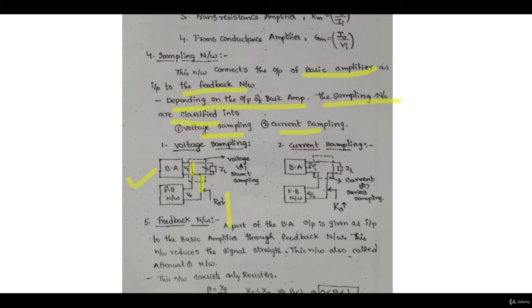Similarly, we have current sampling. Current sampling will have this kind of arrangement. You can see here, current is being transferred to the feedback network, or current or series sampling. Here the output impedance will increase.